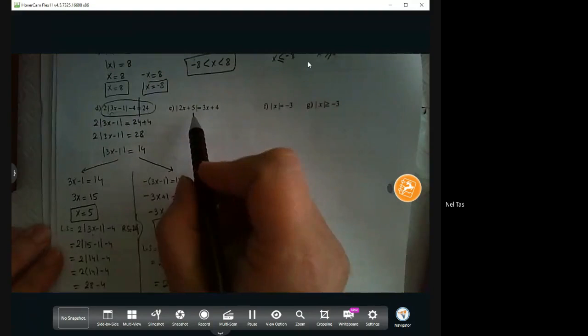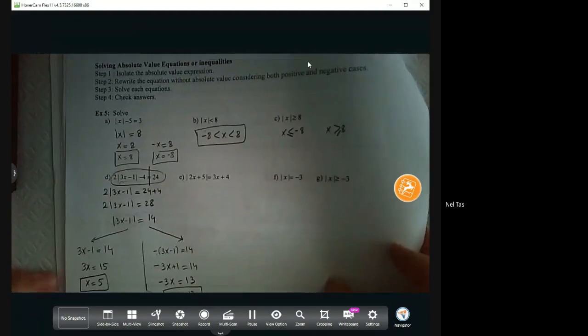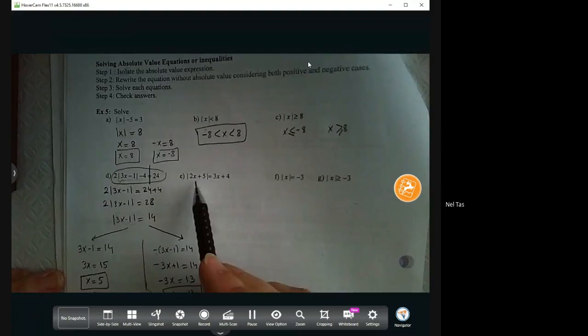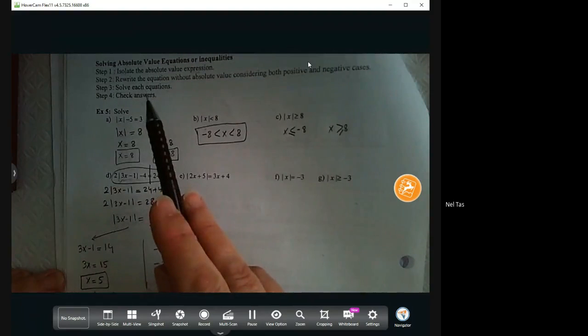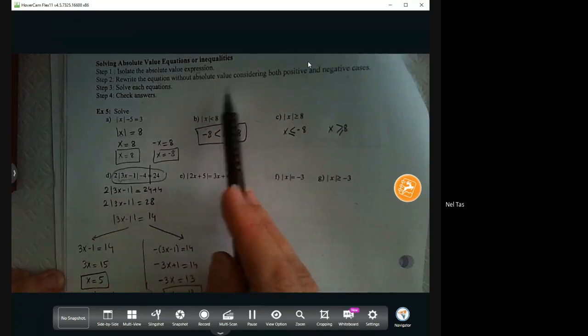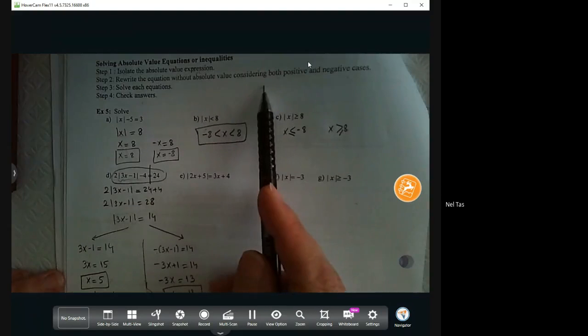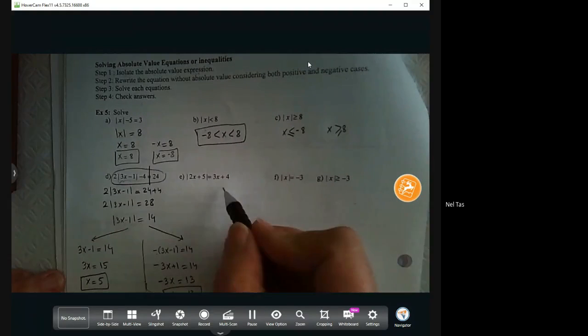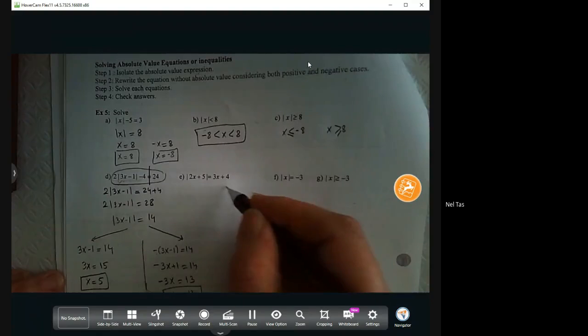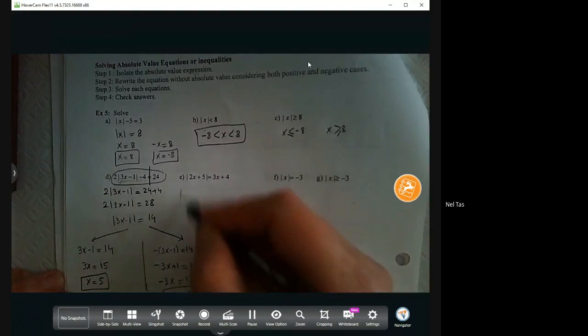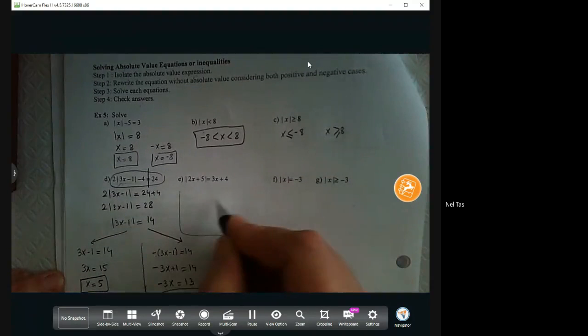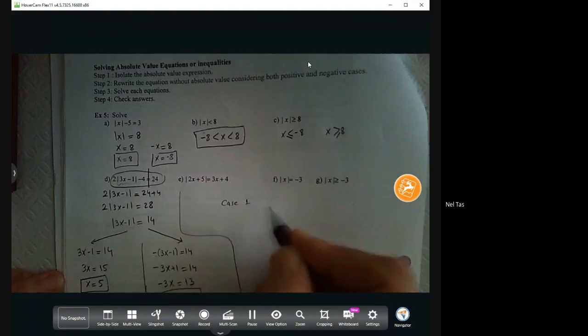All right. So let's look at E. First step, isolate the absolute value expression. It is already isolated. Now step 2, rewrite the equation without absolute value, considering both positive and negative cases. Okay, so we will have 2. Okay, so case 1 here.